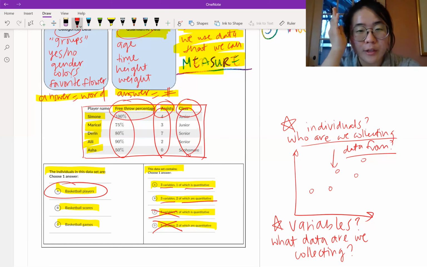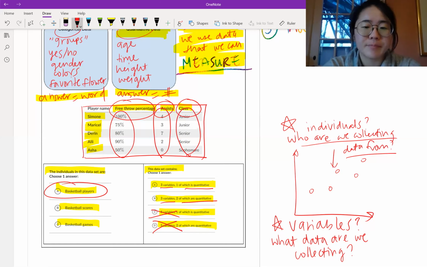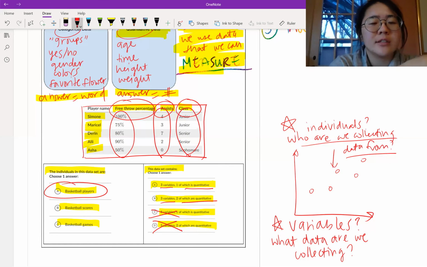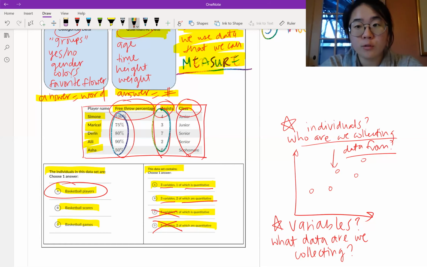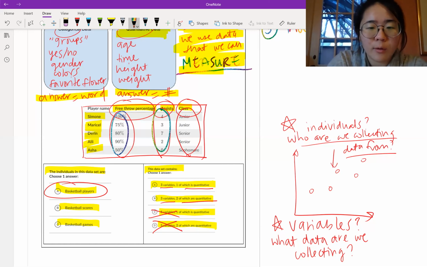You're either a junior or a senior. If there's only one possible answer to each data point, then it's not something we can measure, so it's not quantitative. So there are 2 out of the 3 variables that are quantitative, so our answer is B.